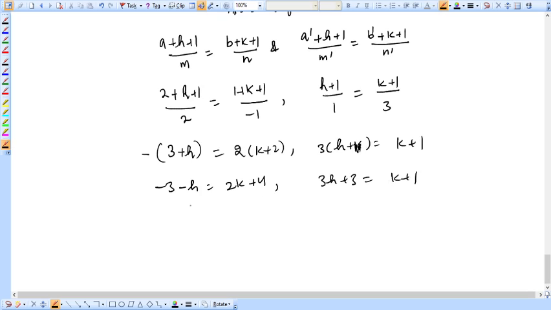Now you see minus h minus 2k is equal to 4 plus 3, 7, and the second equation would be 3h minus k is equal to 2, right?